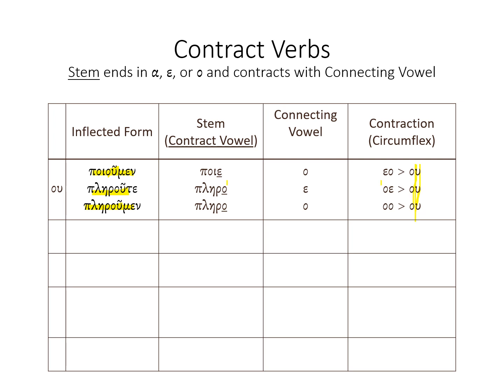It could be an epsilon stem ending, or an omicron stem ending, and then we would look at the connecting vowel. This takes us back to plēroō and poieō. This is what we need to find out. This is our goal, because if we can get to the stem, we can get to the lexical form, because the stem is going to be based on that lexical form, which is the present active indicative first person singular.